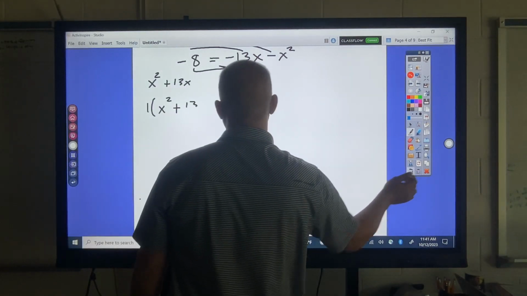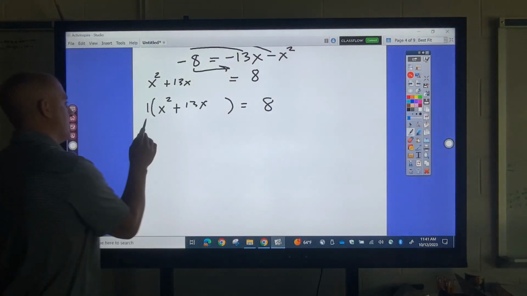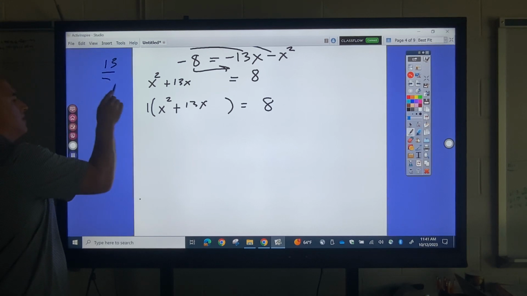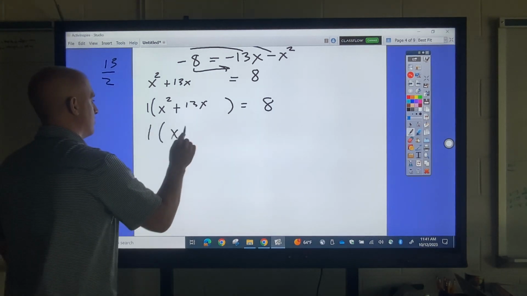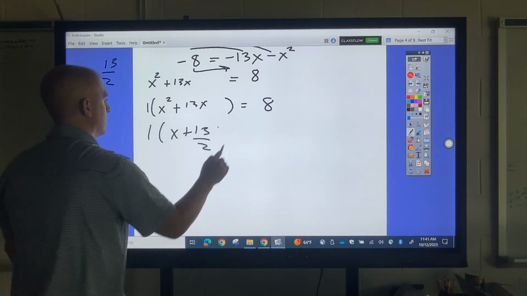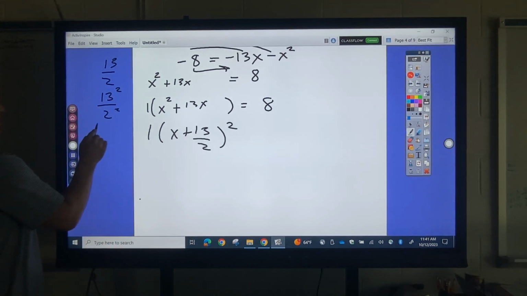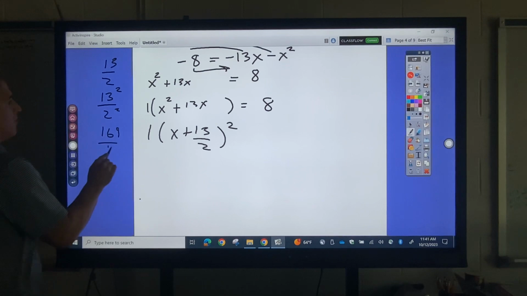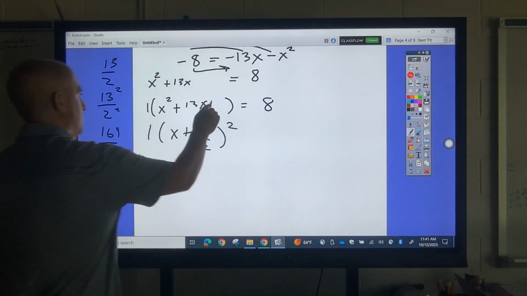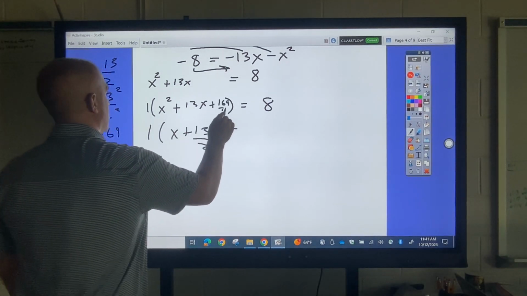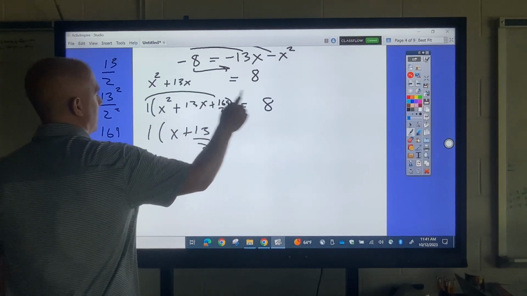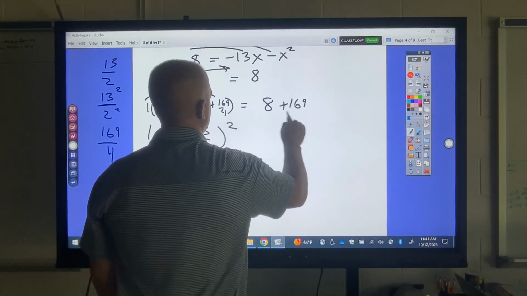I would take 13 divided by 2, it's 13 over 2, squared. I square both of those numbers. That's 169 over 4. So plus 169 over 4.